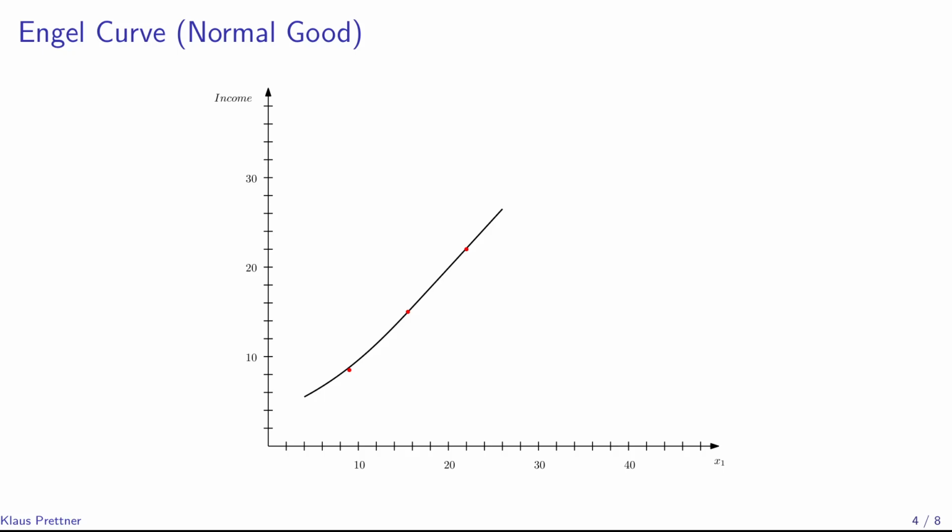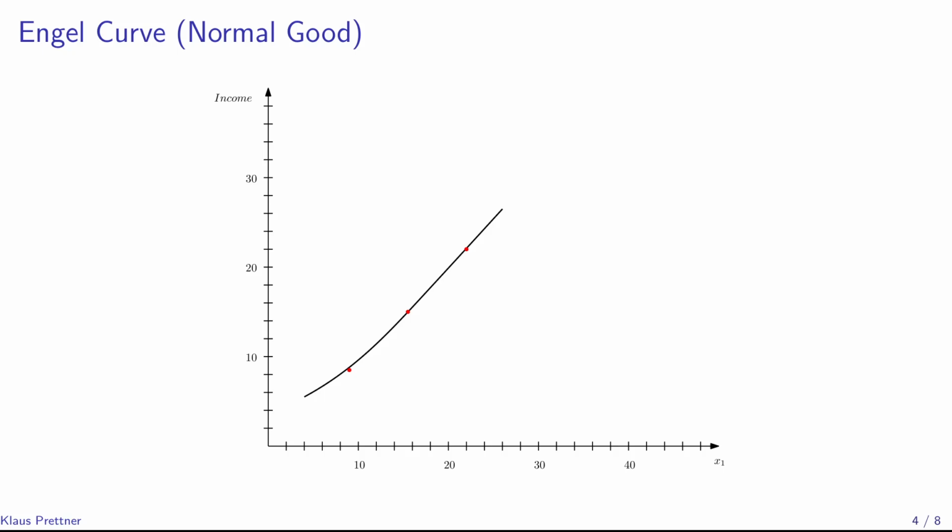Now, how can we get from this to the Engel curve? We slightly change the space here, and we have on the horizontal axis demand for good 1. But on the vertical axis, we don't have demand of good 2 anymore, but instead we have income.